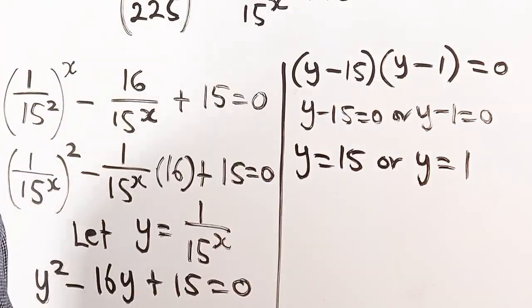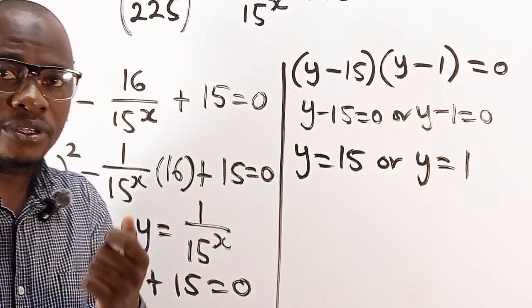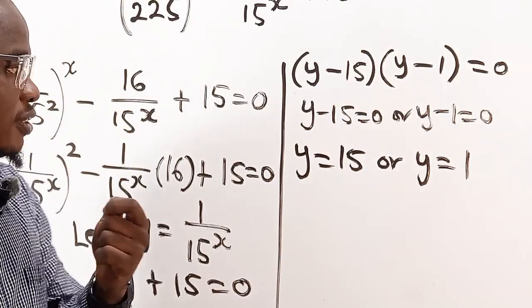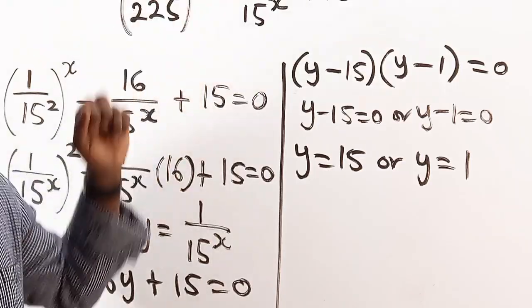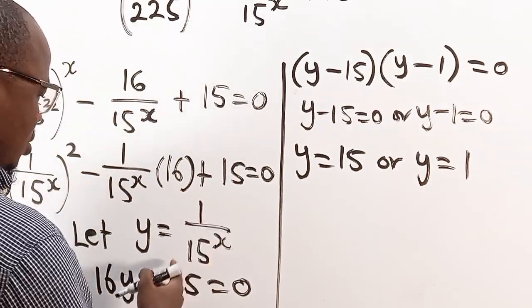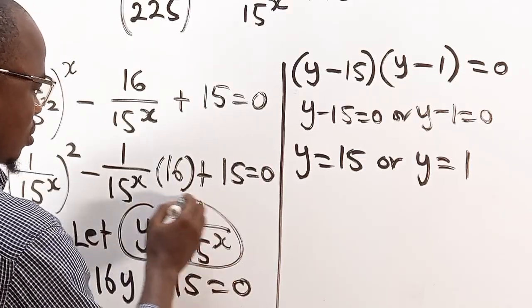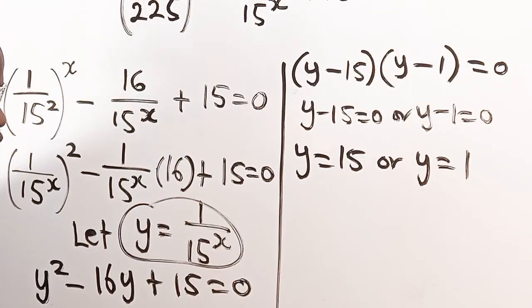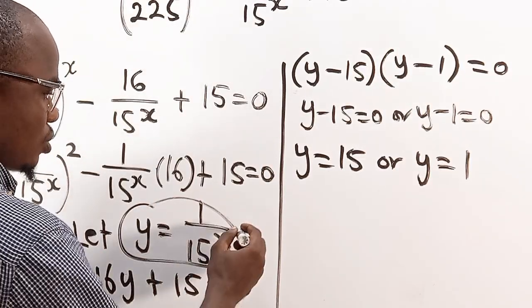But if you look at this, we are not looking for the value of y. The value we are looking for is x, our original variable. So what we need to do is to go back to this place. You have to recall what y is equal to.